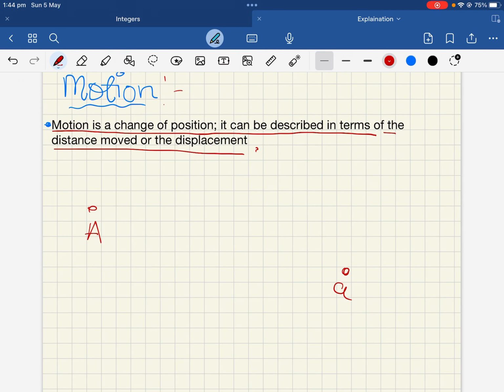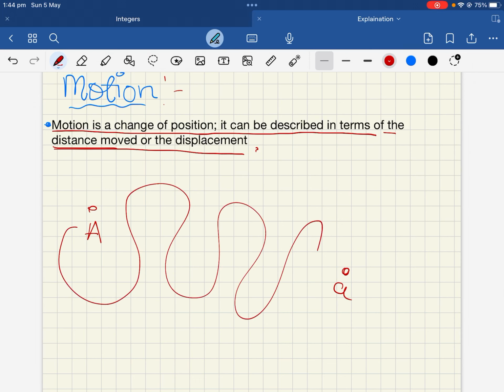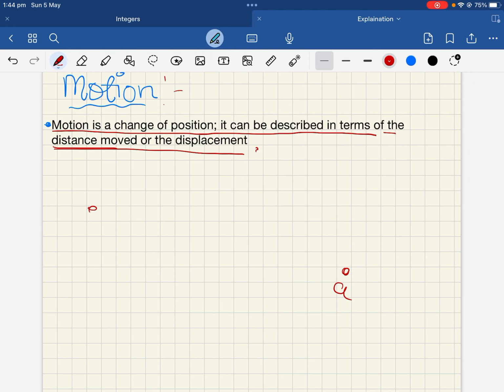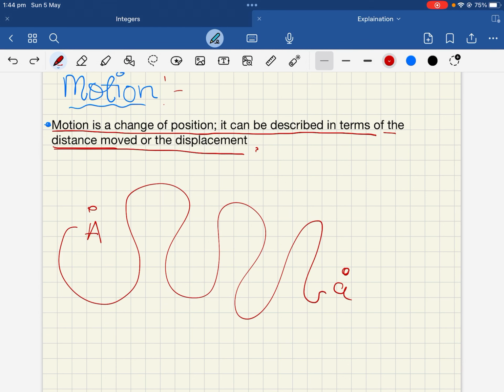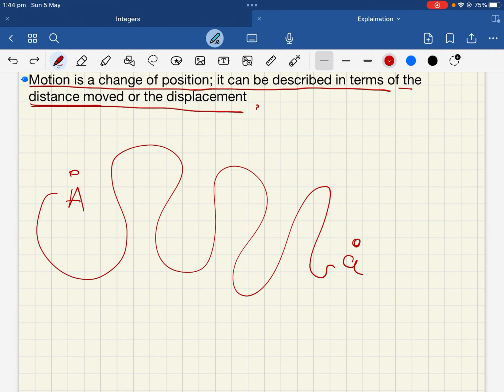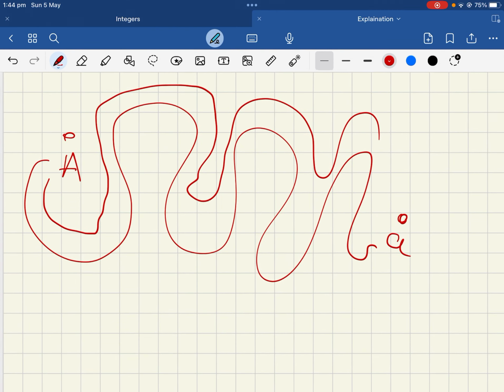Now, distance moved. For example, I do this, and go to A. This is distance. The total length of this path is called the distance.